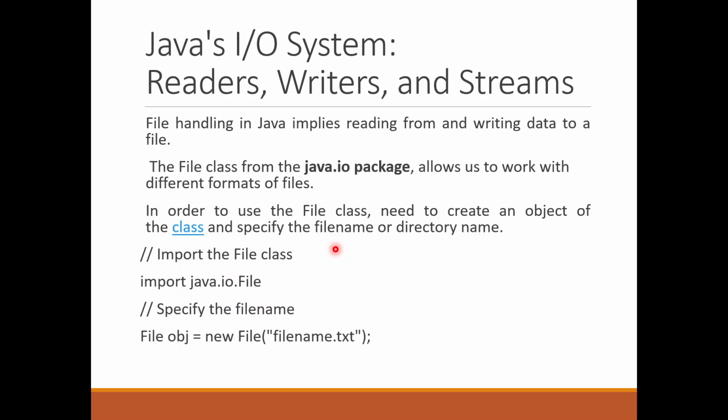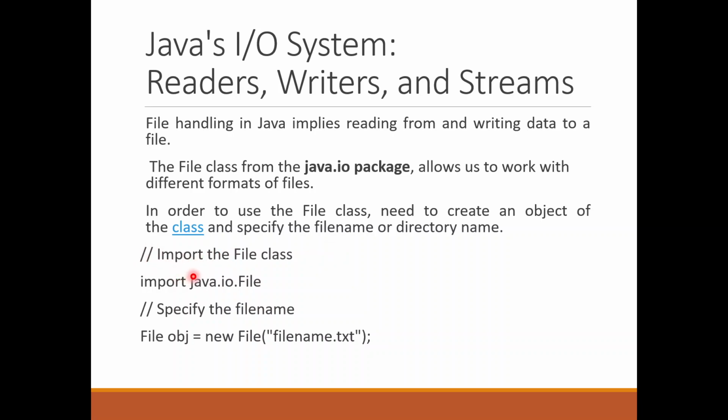I'll start with the basic syntax of how this works, and after this I'll demonstrate how the file is created. We will write one piece of code, and in the output it will create the file, then we'll add some data and read from it. So this basic operation will be explored here.